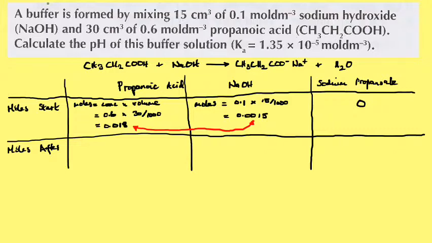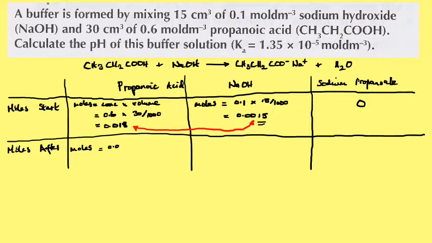After neutralization, the moles of propanoic acid is going to be the moles that you started with minus the moles that have reacted with the sodium hydroxide. The number of moles that have reacted with the sodium hydroxide is 0.0015, this number here.